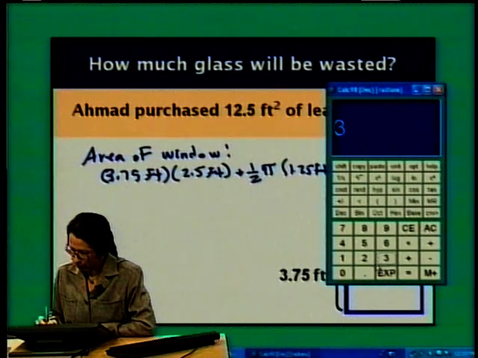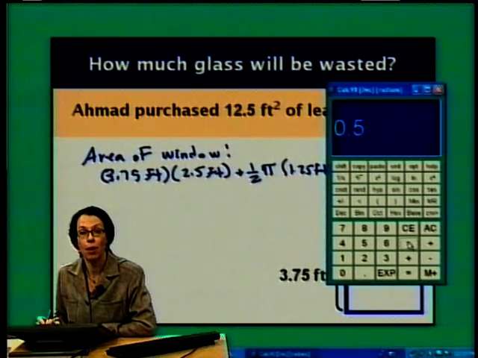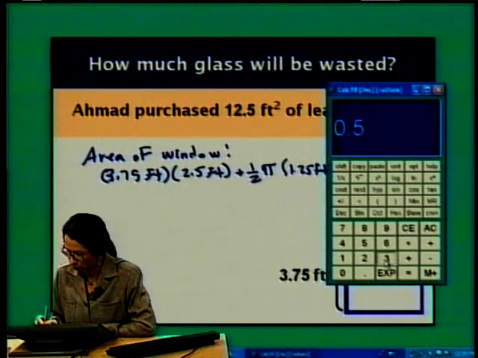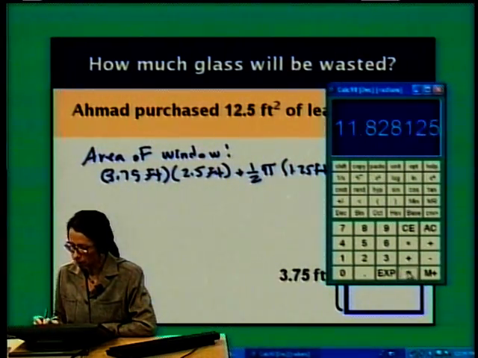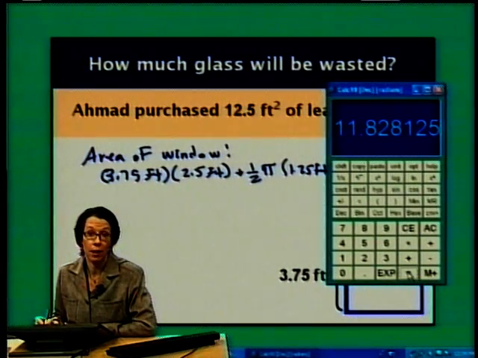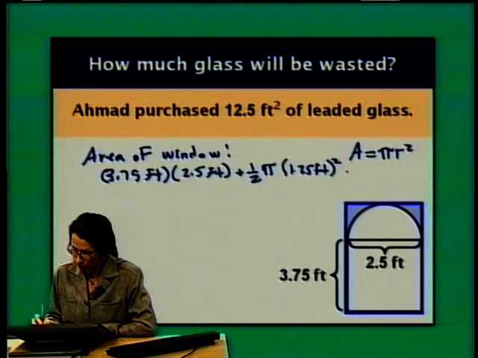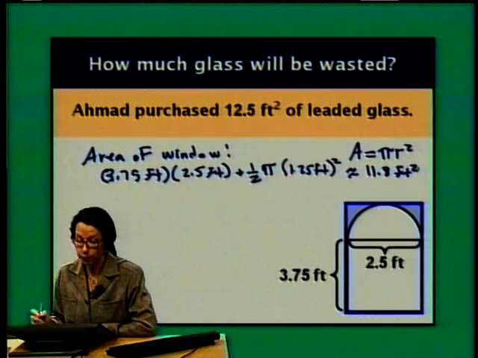So I have 3.75 times 2.5 plus 1/2 times, now my calculator doesn't have a pi key, so I'm going to use the approximation 3.14 times the radius squared, so that's 1.25 squared, that equals about 11.8. So this is about 11.8 square feet.